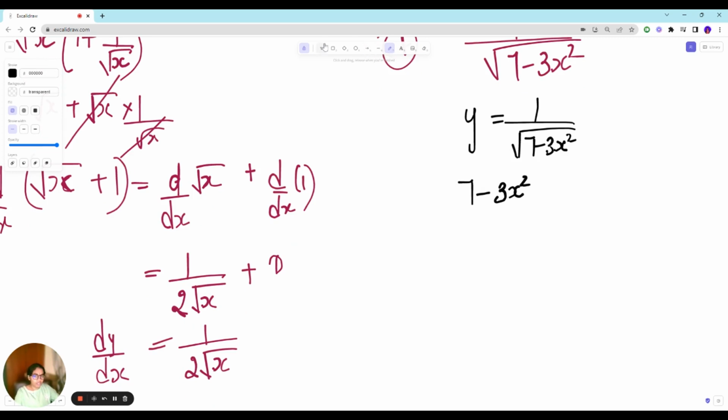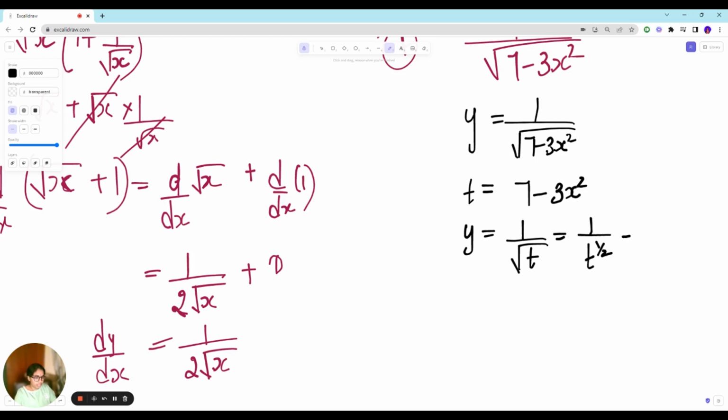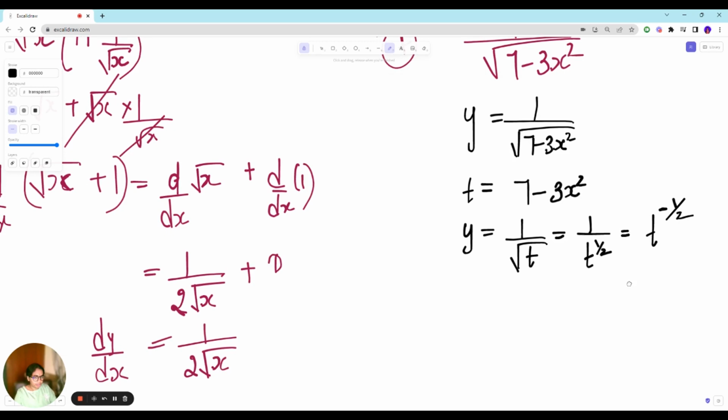Whatever you take as t, that should be simpler to find the derivative. So if this is my t, what would be our y? y would be 1 divided by square root of t. Can I write this as 1 divided by t to the power half? And if I bring that to the numerator, I would get a negative power. Agree?